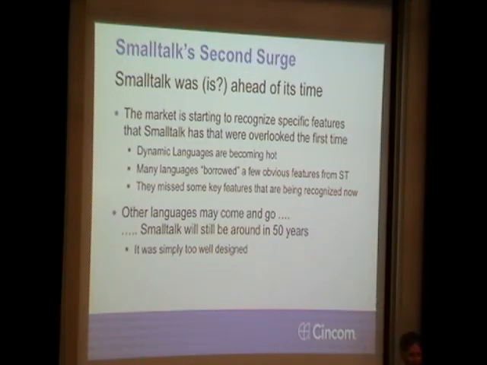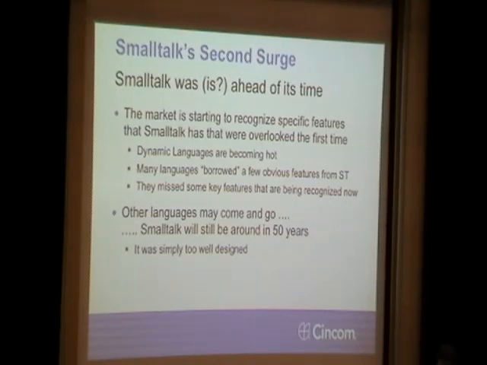Other languages borrowed the obvious things from Smalltalk. Object-oriented is a huge improvement, and lots of languages took the object-oriented concepts and grafted them onto their language. So people could use a syntax they're familiar with and get those significant benefits of object-oriented. But there's a whole lot of other benefits in Smalltalk that were overlooked.